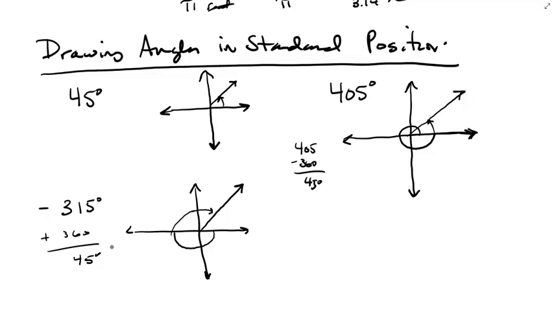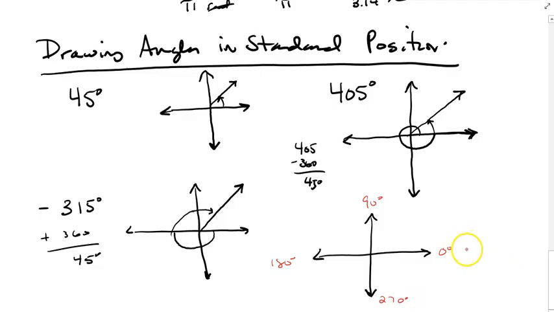And it's also important that you know where your measurements are around your coordinate system. As I said, in degrees, it's easy. It starts at 0 degrees, goes to 90 degrees, goes to 180 degrees, and then to 270 degrees and back to 360.